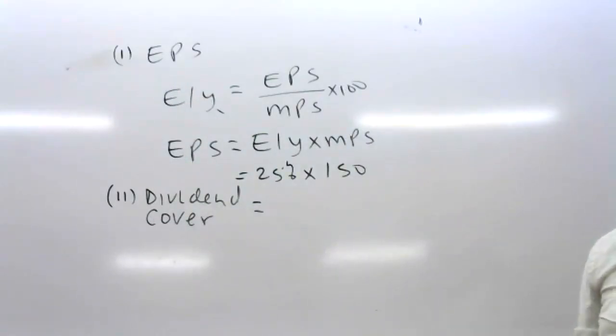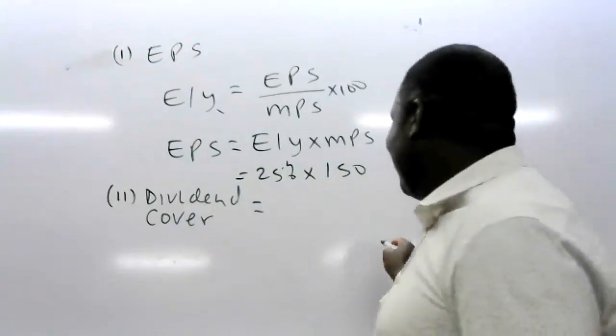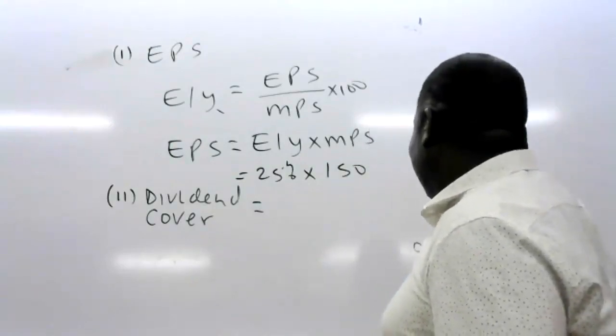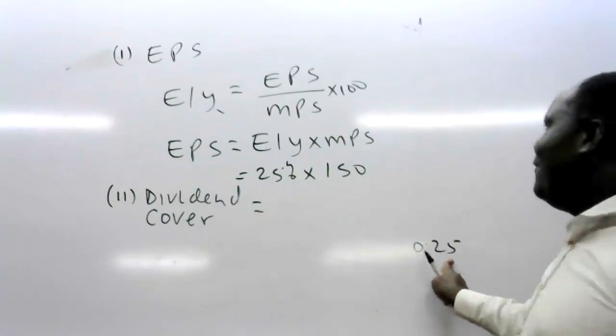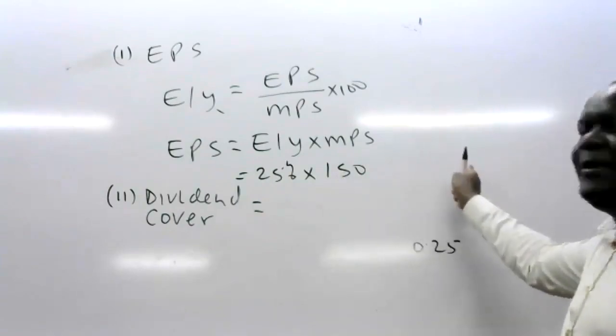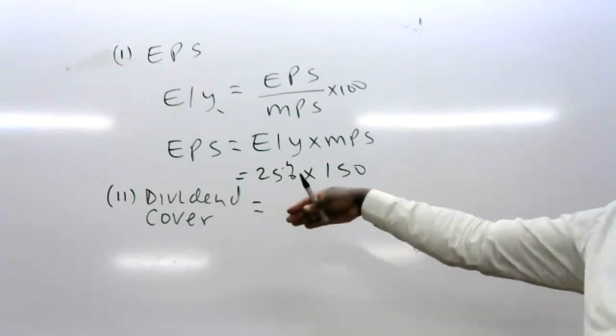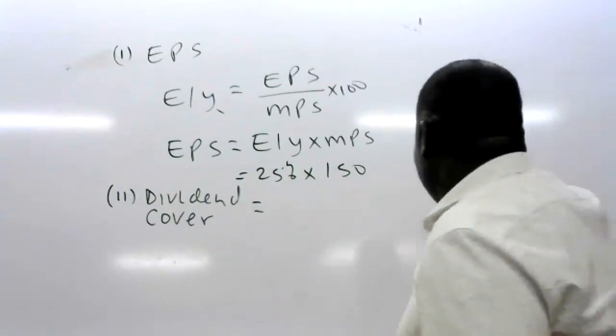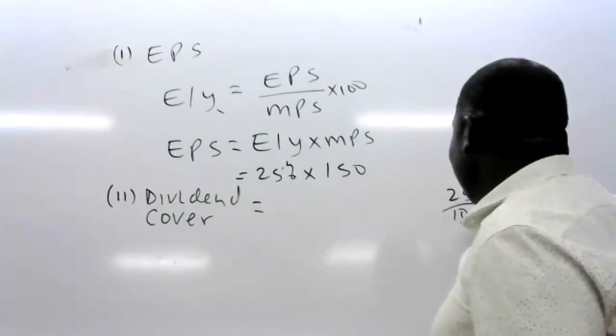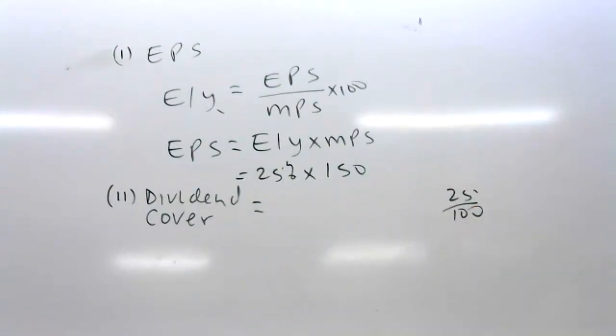This one is supposed to be 0.25, but it is given as 25%. So when it is given as 25%, if you take this and multiply by that, then you multiply by 100, it will come back, because this is the same as 25 divided by 100.